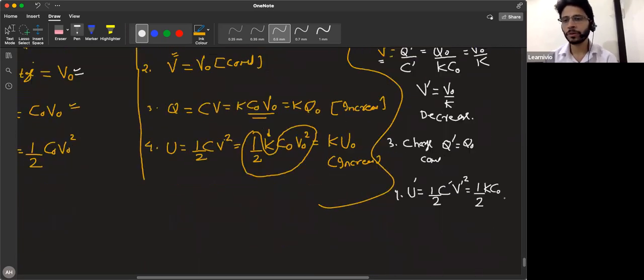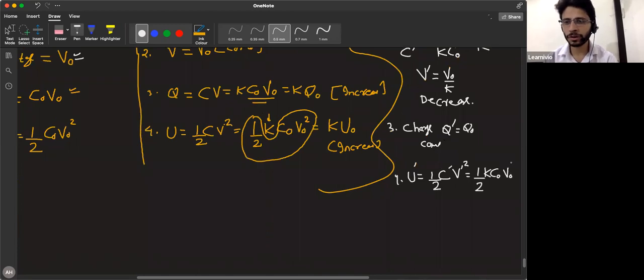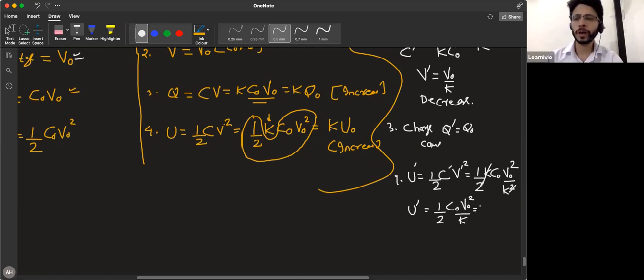V prime is V naught by K, so it's V naught square divided by K square. This K will cancel one power of K, and U prime is half C naught V naught square divided by K. And half C naught V naught square is U naught. So U prime is U naught by K.